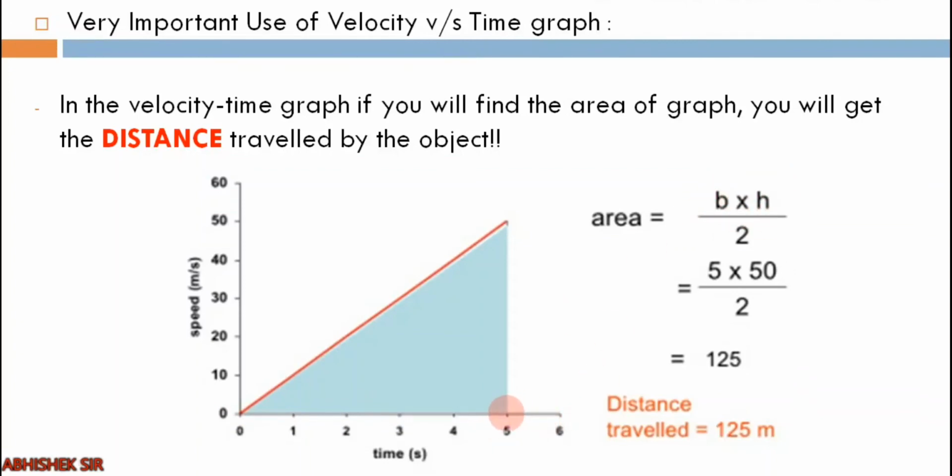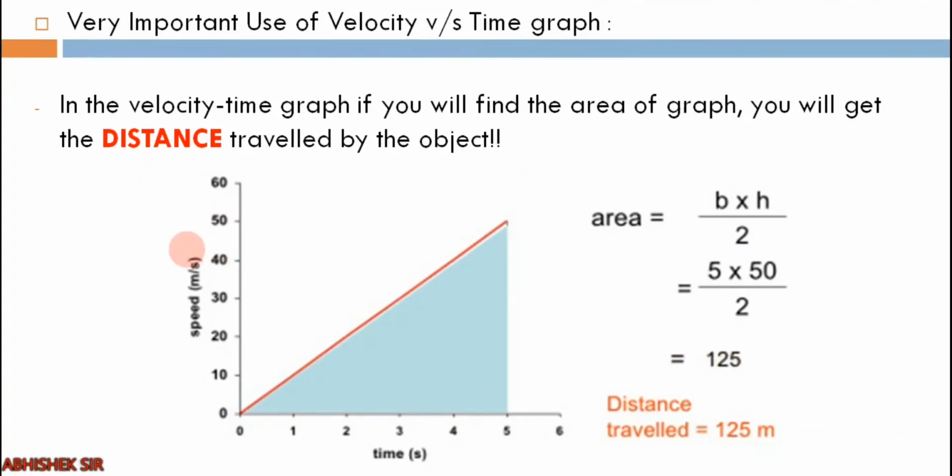The height you can see is from here to here, and you see a value exactly in the front, and that is 50. So the height is 50. We are finding with base 5 and height 50. So half into 5 into 50 will give you 125.